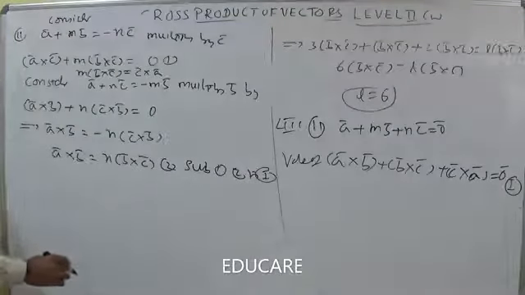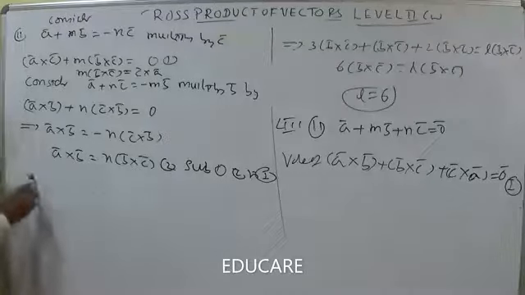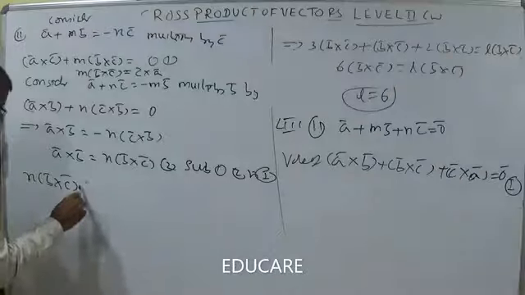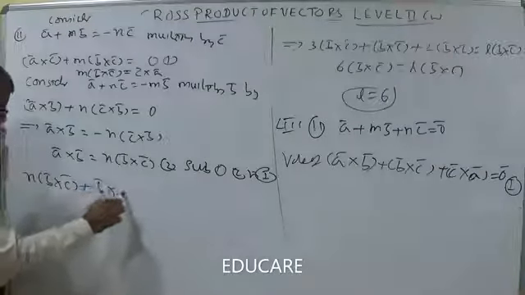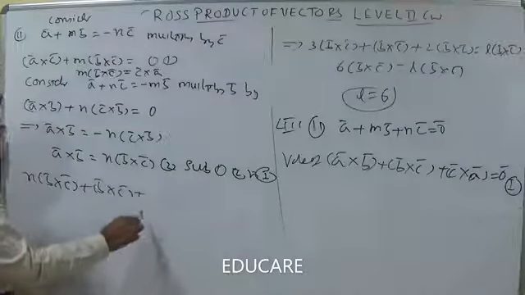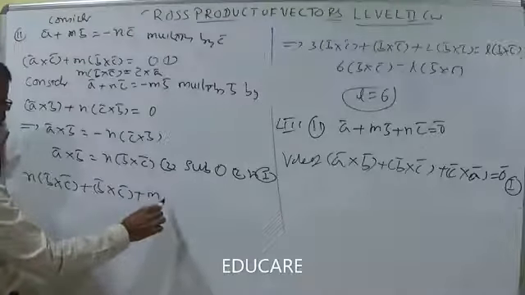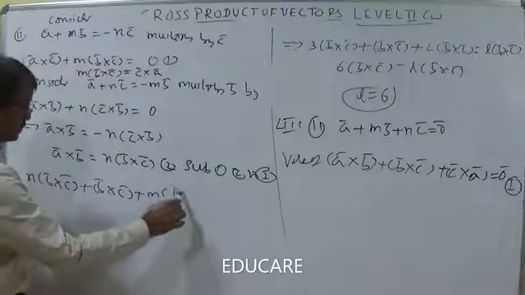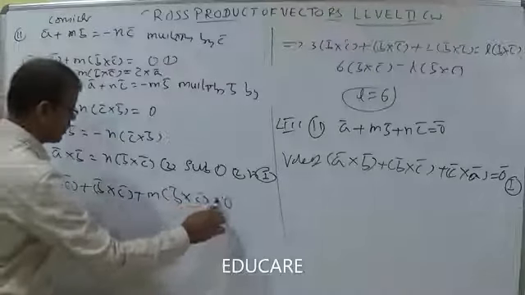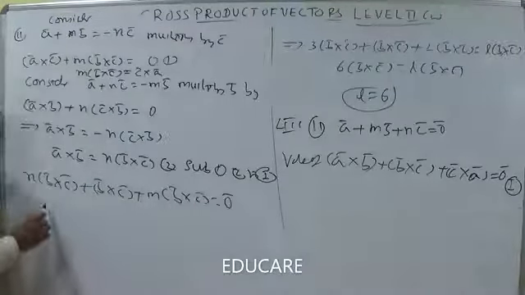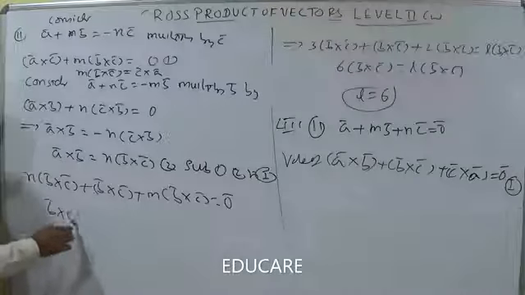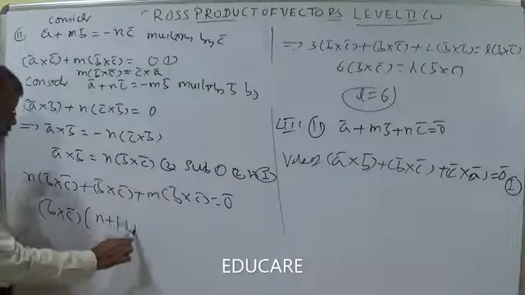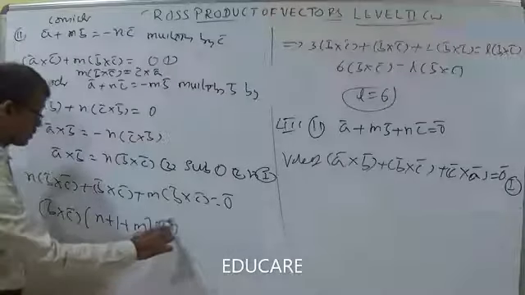We get, instead of A cross B, N into B cross C, plus simply B cross C, plus instead of C cross A, M into B cross C, equal to 0 bar. Taking B bar cross C bar common overall, you can write N plus 1 plus M is equal to 0 bar.